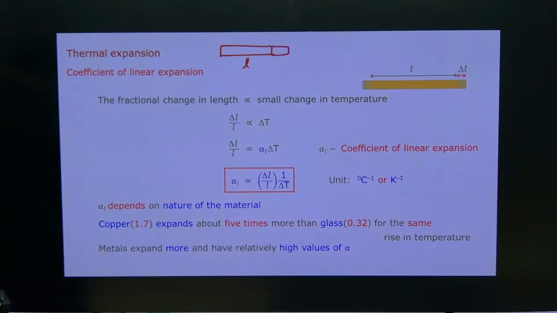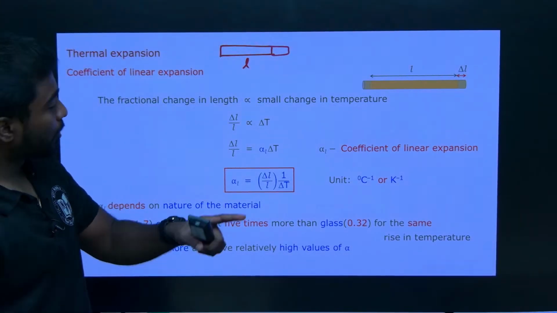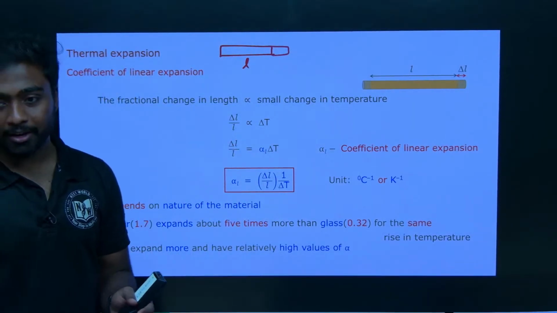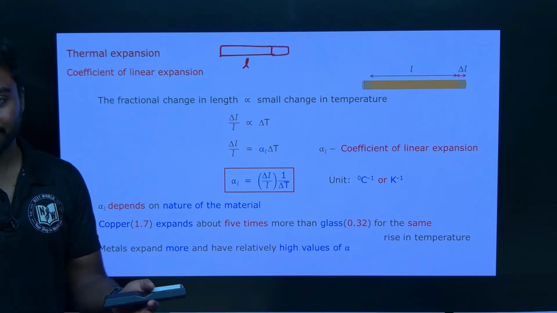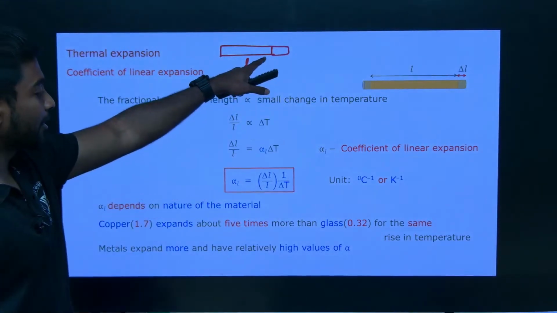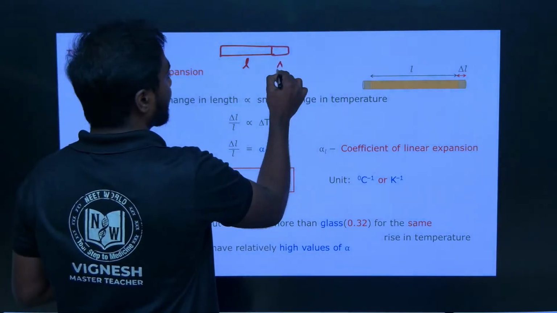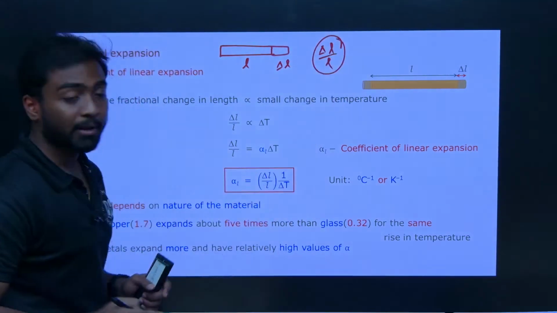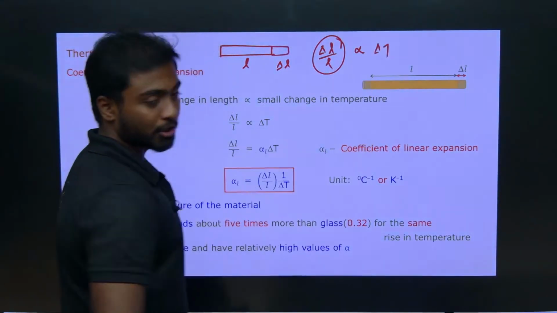We have talked about the mechanical properties of solids. When the length has increased, it means the strain has increased. Strain is nothing but change in length by original length, which is delta L by L. So why is it increasing? Because of the temperature, so it is directly proportional to change in temperature.